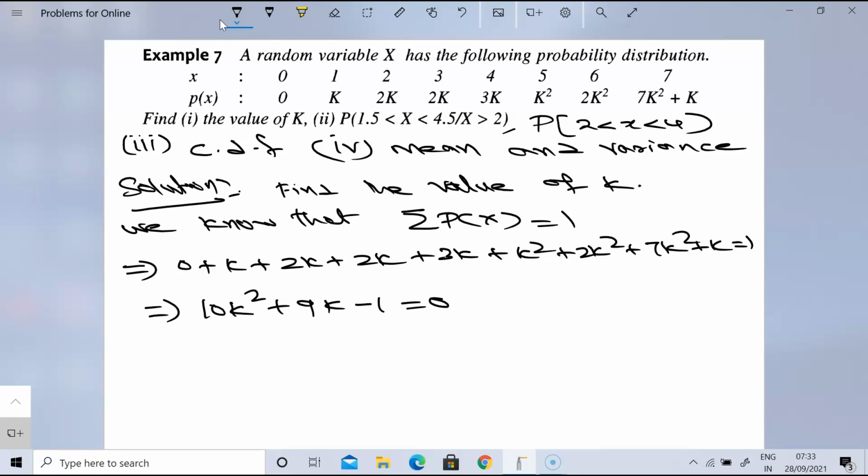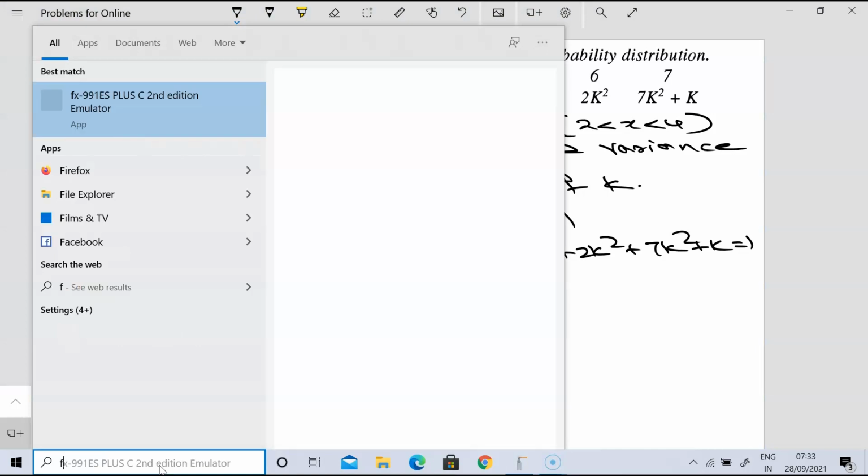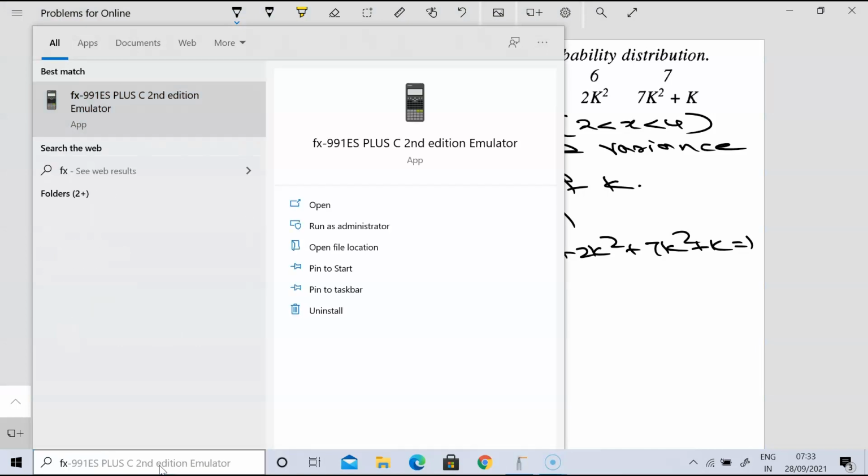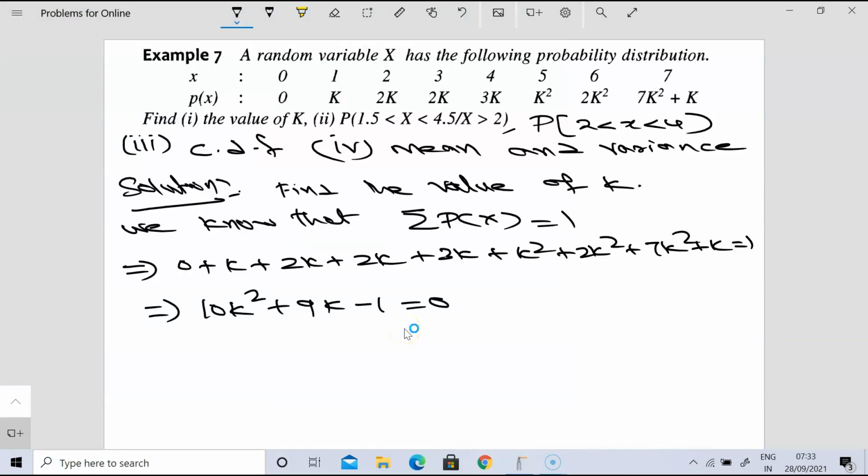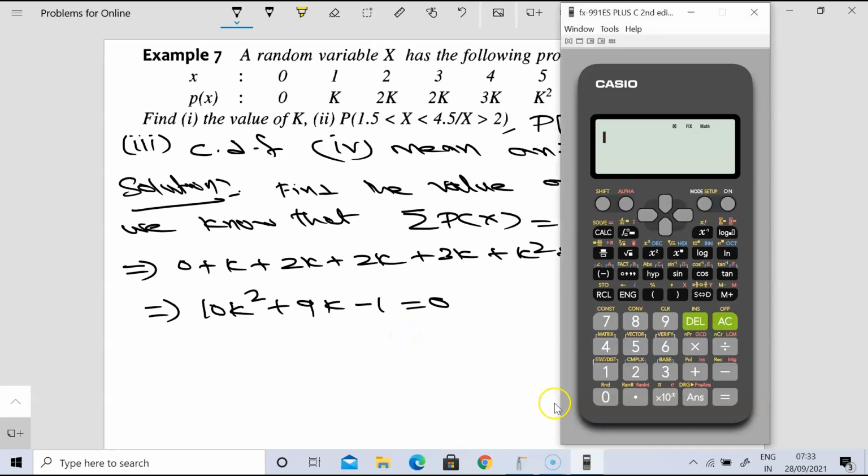So now I have to find the value of k. Let me try to solve this. You can use your calculator, no need of manual calculation. When you use this type of calculator, there is an equation mode. Choose this equation mode, number 5, and the favorable one is number 3.